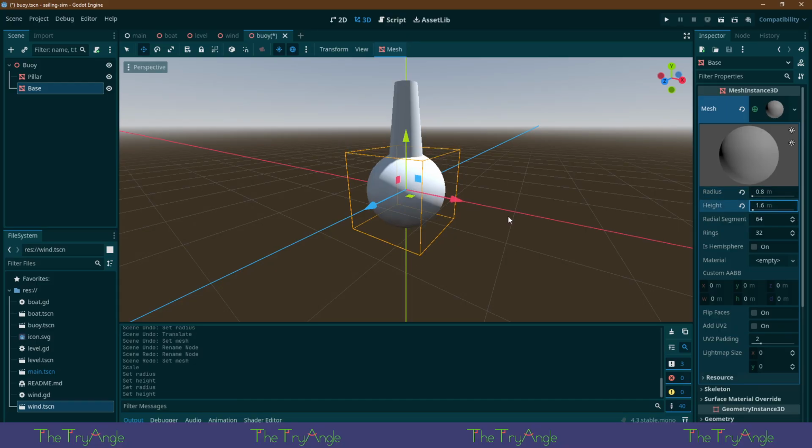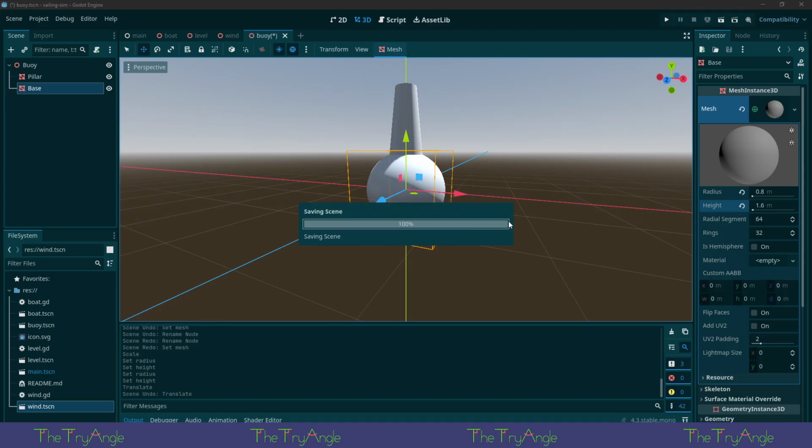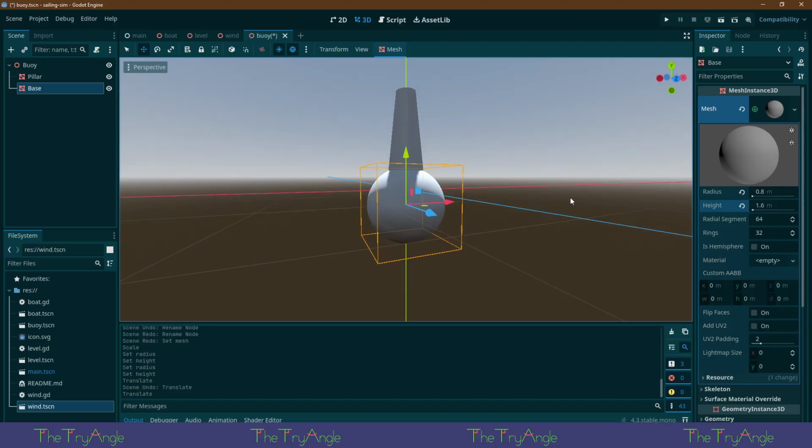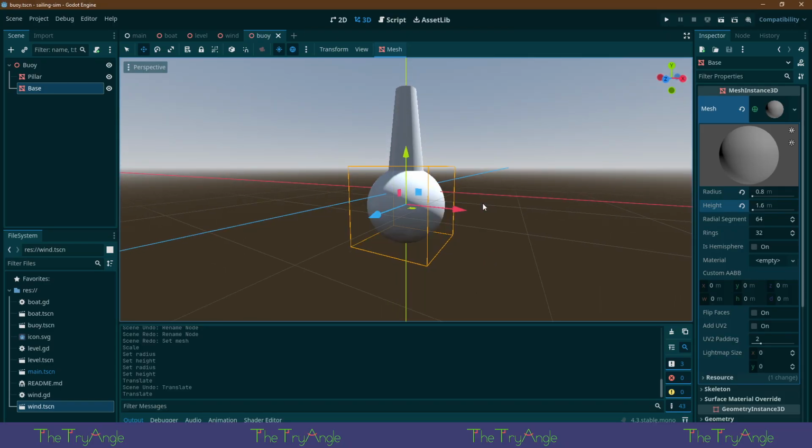Make it a little smaller. And I feel like this should sit a bit lower in the water.